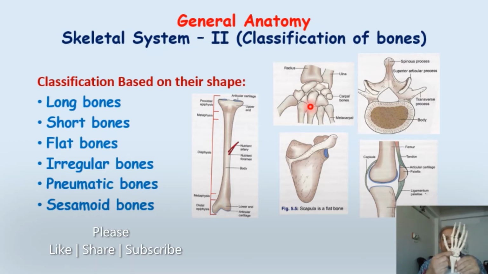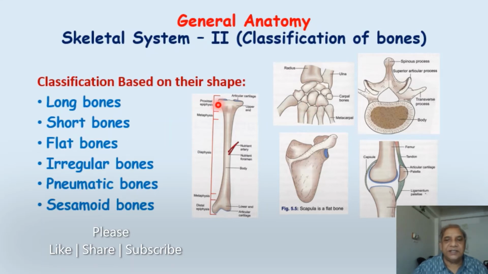That means they form a joint. So their surfaces are mostly quadrilateral and show the articular facet on their surface. But the most important thing for the short bone is that their size is short. They do not show anything like the ends or the shaft. Okay, so this is the second class.